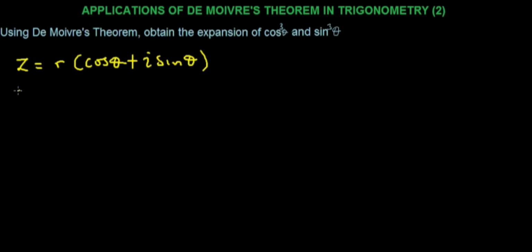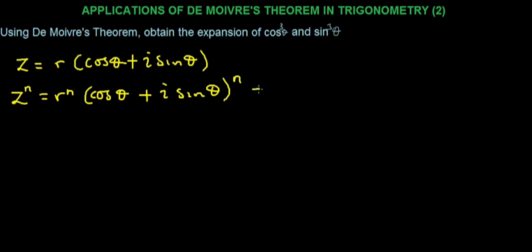And we say that if we now have Z raised to power n, we will have R cos theta plus i sine theta raised to power n will definitely become R raised to power n, cos n theta plus i sine n theta. We said this countless times in this series.